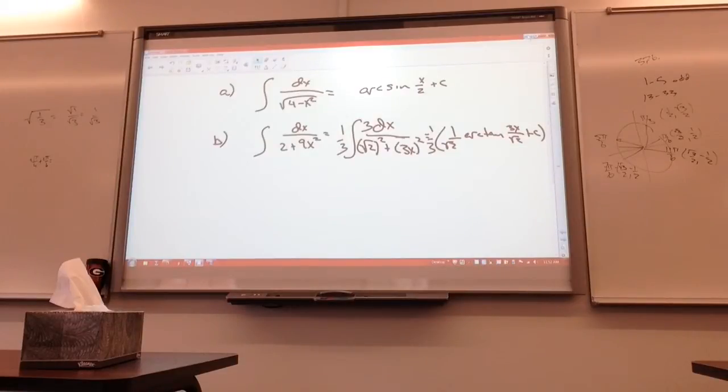The formula for the arctangent is 1 over a arctangent of f of x over a. When you do these things, you have to recognize where the pieces of it are. That's what we did in our first step. That's why we rewrote it as root 2 squared plus 3x squared, from our original 2 plus 9x squared. Then you have to actually take the integral of it, which means u substitution.